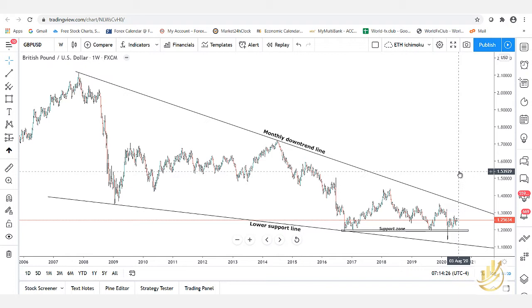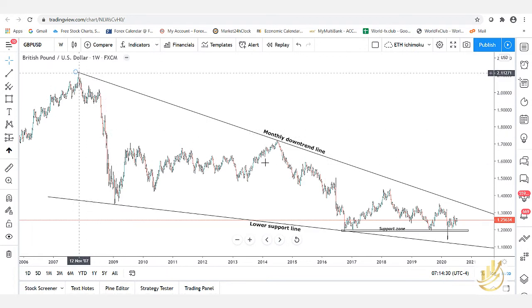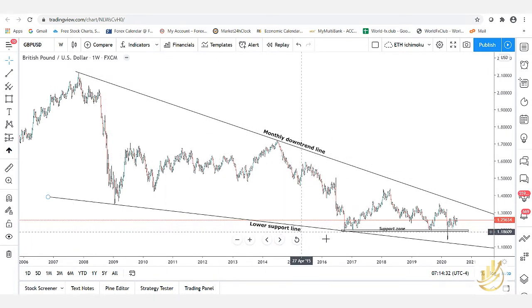So talking about pound dollar, if you see, this is the monthly downtrend line, this is the lower support line, and we see a support here. There are people who are already looking to buy here, because this seems like a support zone, right? So what they did, they moved the price down, and then it starts to go up.